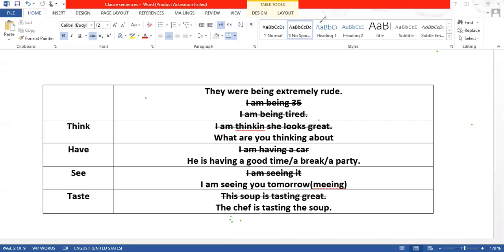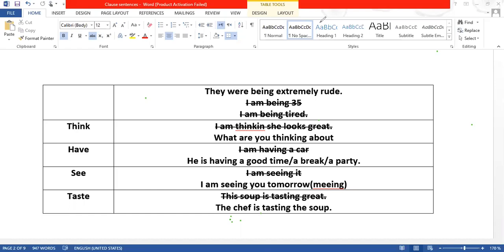For example, this taste verb. Taste is a state verb, right? We already know. So you cannot say this soup is tasting great. You say this soup tastes great, or it tastes delicious. You cannot say it is tasting delicious. It is a state, so you cannot say it in a continuous tense.